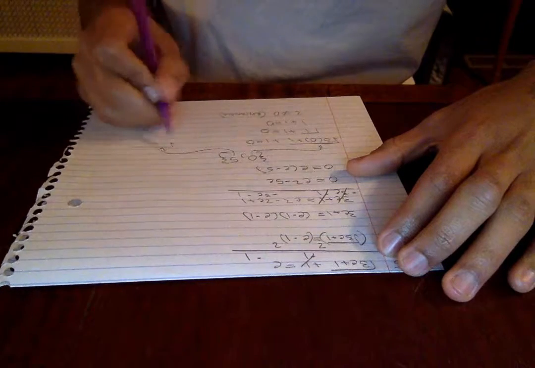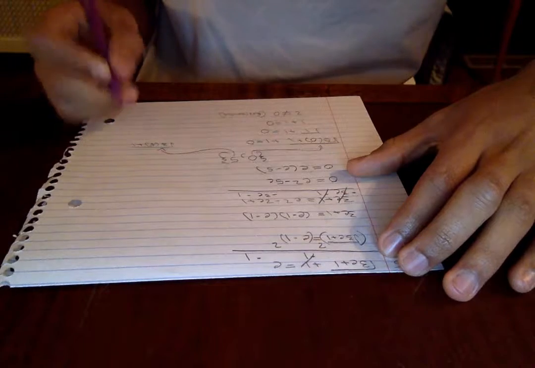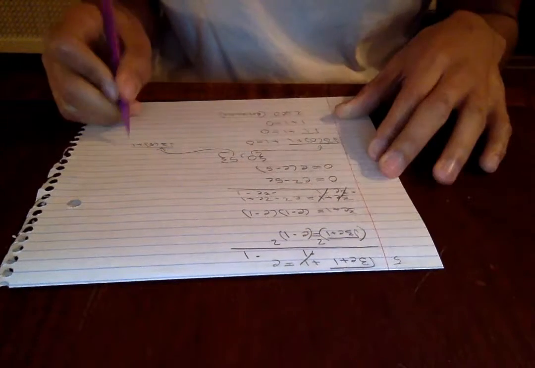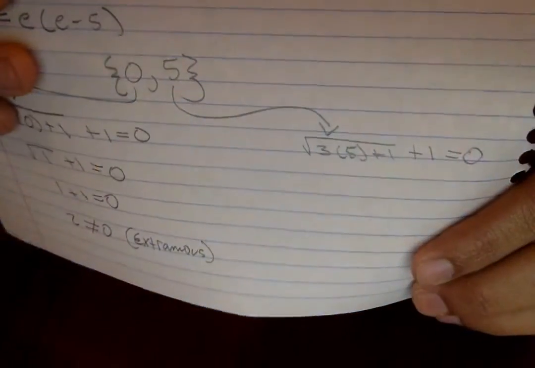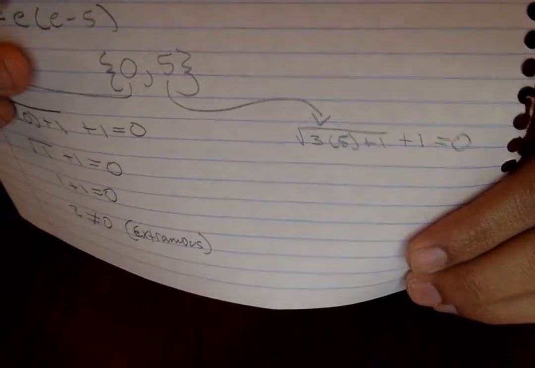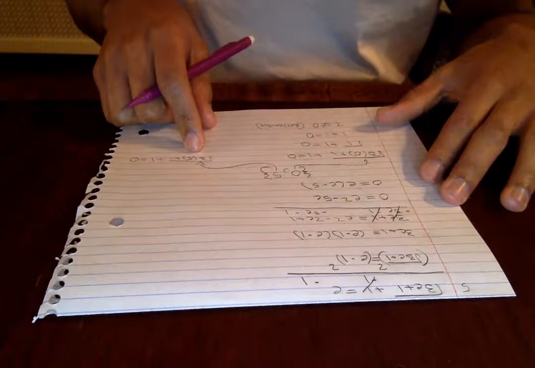So let's solve for the other part. The square root of 3 times 5 plus 1, outside of the square root plus 1, equals 5. Apologies for the mistake, they're equal to 5 because we're solving for the second part of the problem. What you need to do first is what's inside the square root.